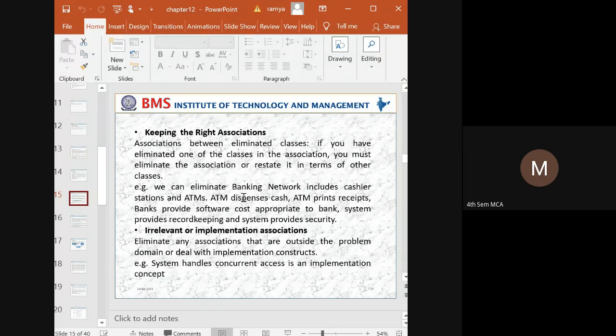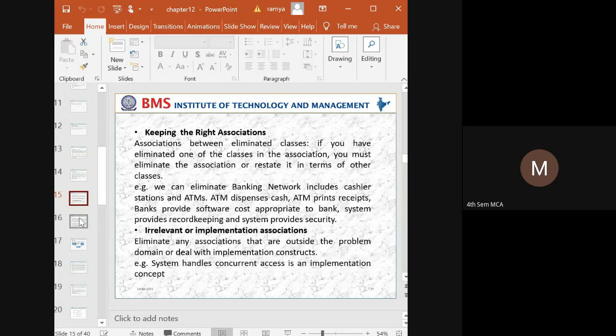Next is irrelevant or implementation association. Any classes or associations that we have specified outside the problem domain, outside the application, have to be eliminated, or we consider them irrelevant classes.